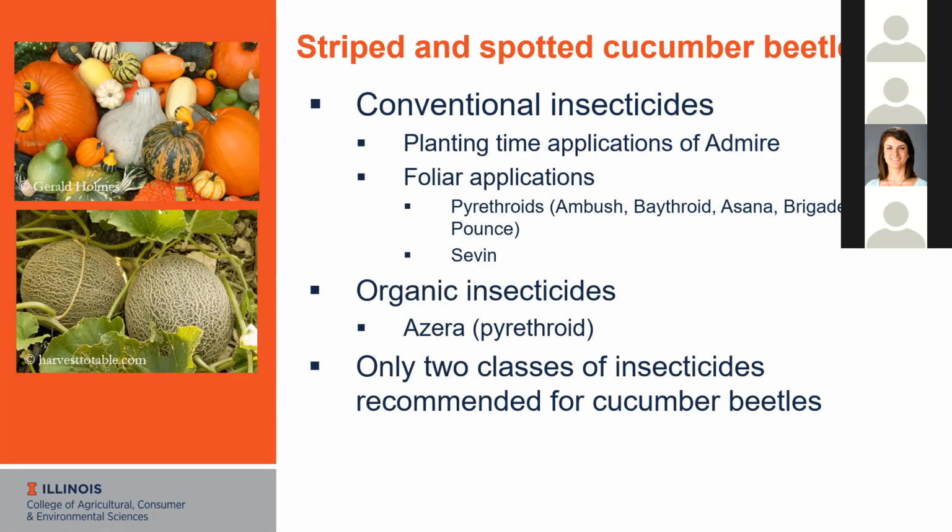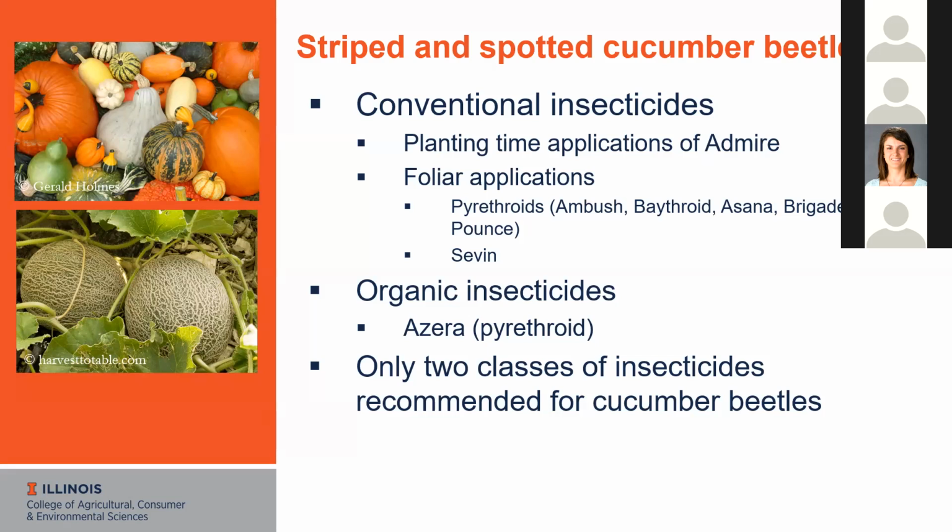So there are a fair number of things available for control of cucumber beetles as far as insecticides go. And if you're a conventional grower, of course, there's a lot more that's available. So you can apply something like Admire at planting, and there are several pyrethroid insecticides available for foliar application, as well as Sevin, which is quite effective for foliar applications.